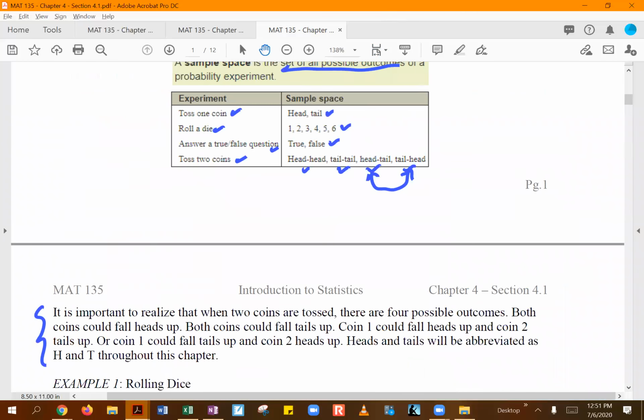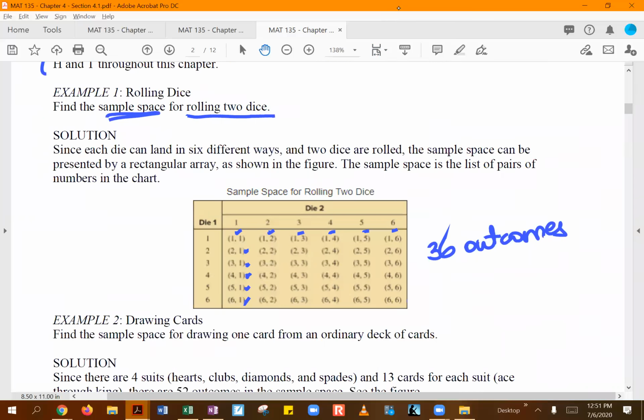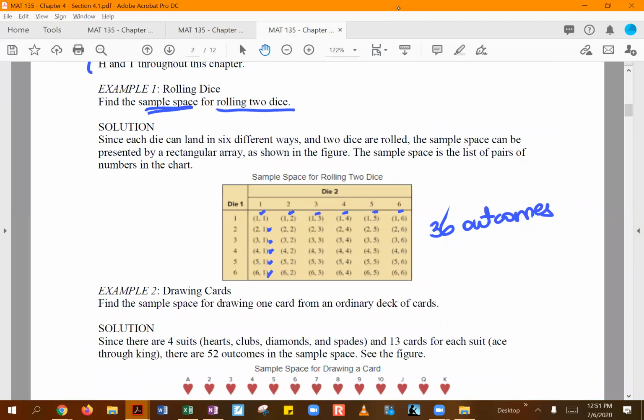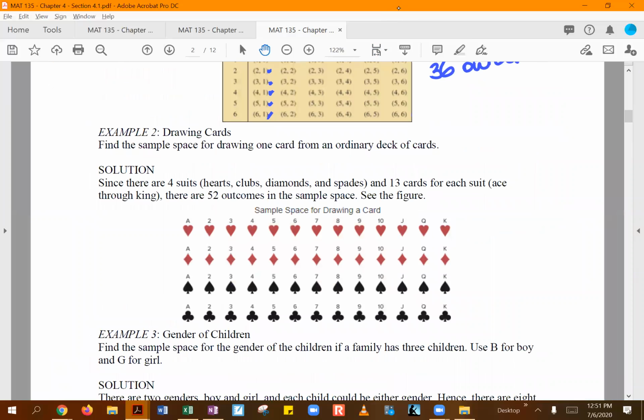If you were just rolling a single die, you would only have 6 outcomes. But you can see the moment we roll 2 dice, we now have 36 different outcomes. And this is going to be true for a lot of these experiments if you're going to bring in multiple items in there.